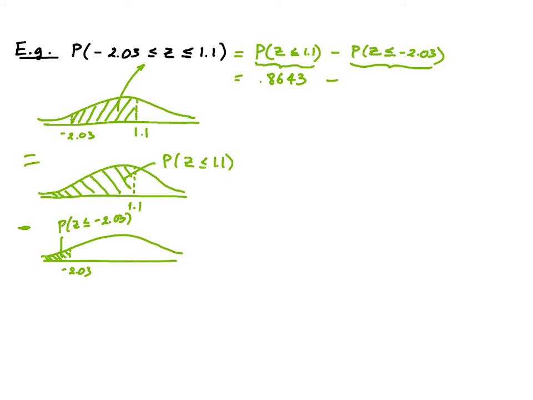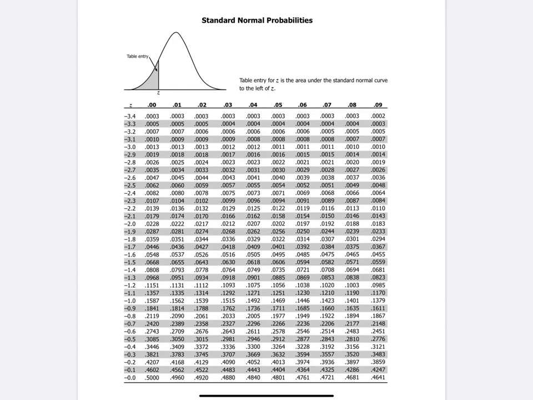Now what about the second term? The second term is the probability that z is less than or equal to negative 2.03. So let's go to the negative side of the table. We want the probability that z is less than or equal to negative 2.03. We write this as negative 2.03. So the first part of this value is negative 2.0 and the second part is 0.03.